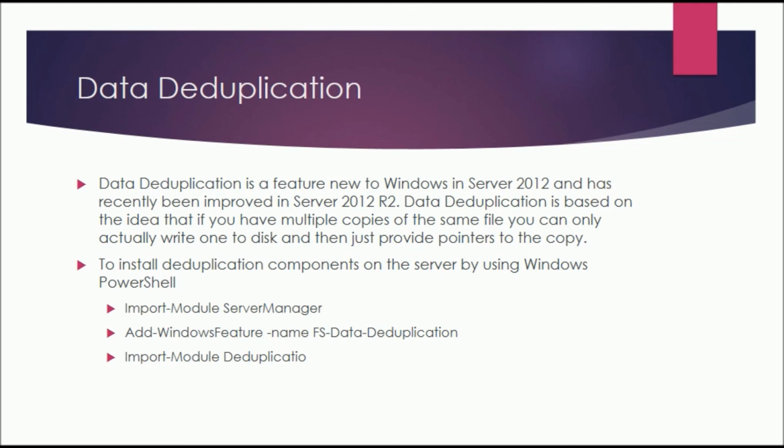Data deduplication is really cool in Server. It looks and goes, okay, these two files are identical, so I will only create one copy of the file and just link both folders to it to make it look like there are two copies.